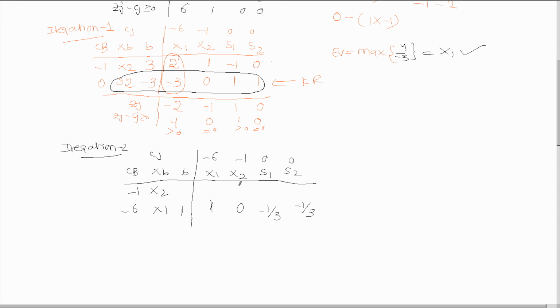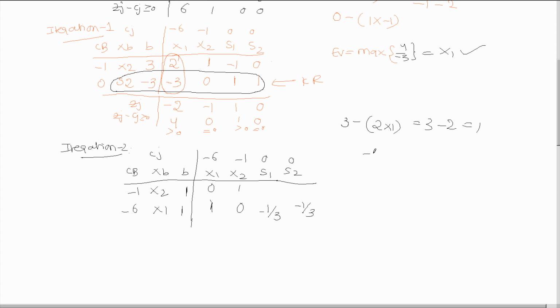We use the short trick: x2 column remaining 0, x1 column remaining 0. We have to find the new values. 3 minus corresponding key element 2 into corresponding key value 1. 3 minus 2 equal to 1.